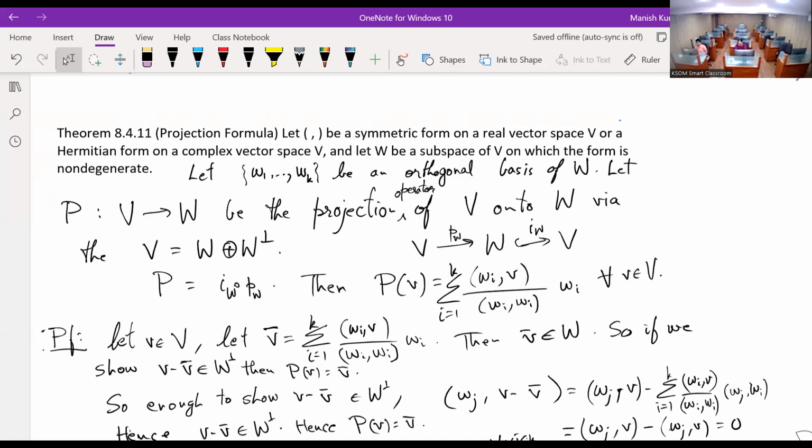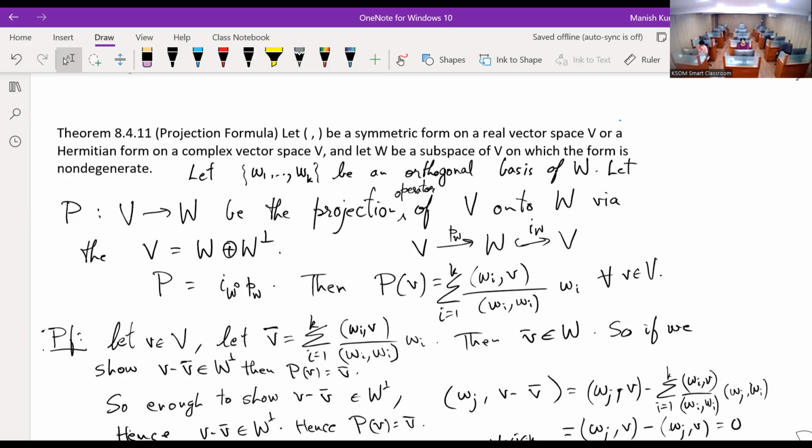If you are given any basis on a Hermitian space or a Euclidean space, a space with a positive definite bilinear form or positive definite Hermitian form, you start with one basis vector and scale it by its length to get a unit vector, and then the next vector you make orthogonal by removing the inner product from it, and so on.